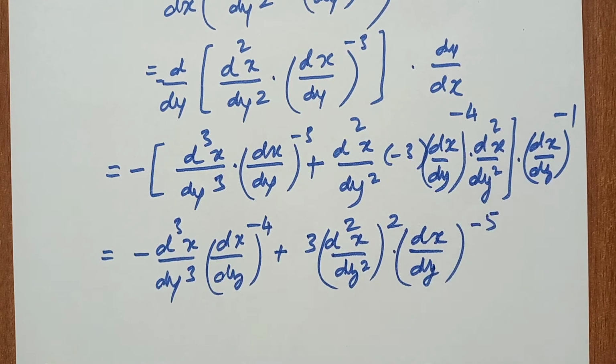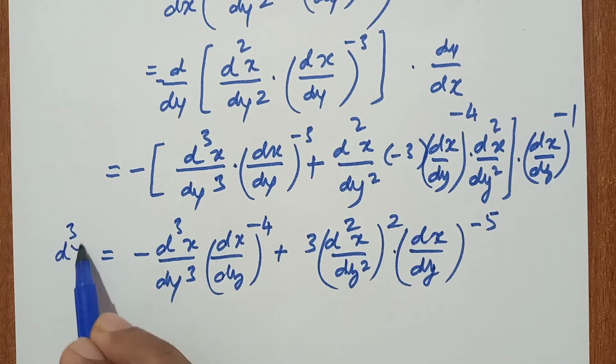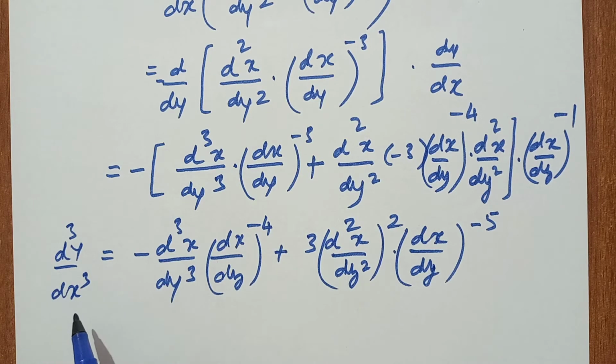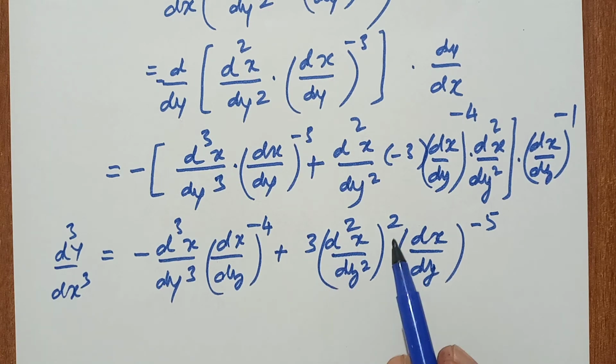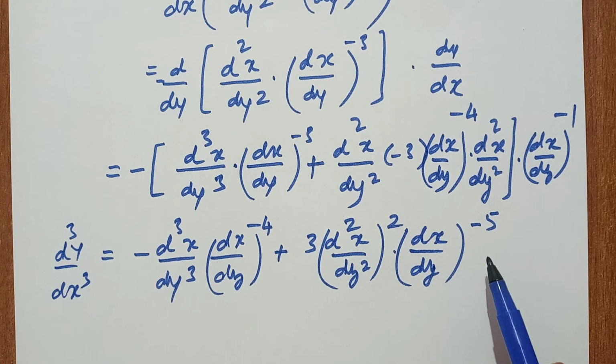So d3y upon dx3 is equal to minus d3x upon dy3 (dx by dy) to the power minus 4 plus 3 (d2x upon dy2) whole square (dx upon dy) to the power minus 5.